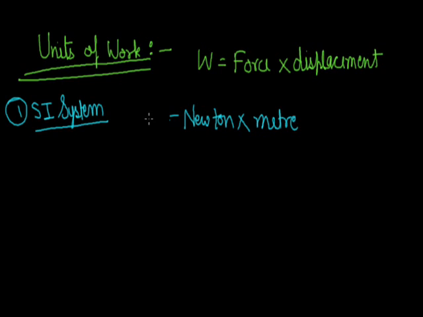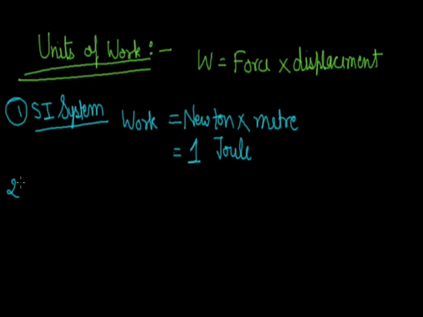So we can say the SI unit of work is Newton into meter, which is equal to 1 joule. We can also define 1 joule as: when a force of 1 Newton is applied on a body and the displacement in the body is 1 meter in the direction of force, then the work done will be 1 joule.